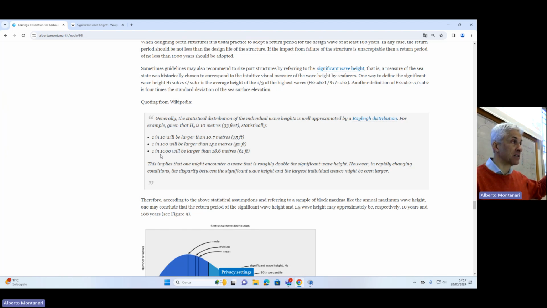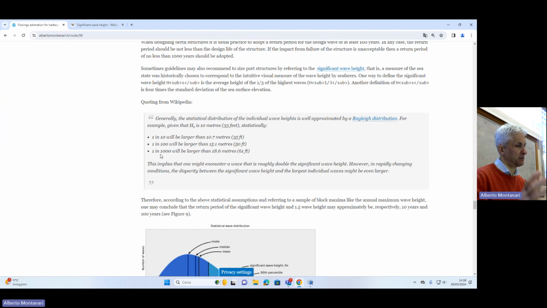When you describe extremes, in general environmental extremes, rainfall, river flow, wave height, and you get an estimate for a given return period, I said 10 years, and you are required to make a guess of the corresponding extreme for 100 years return period, keep in mind the factor 1.5, okay?